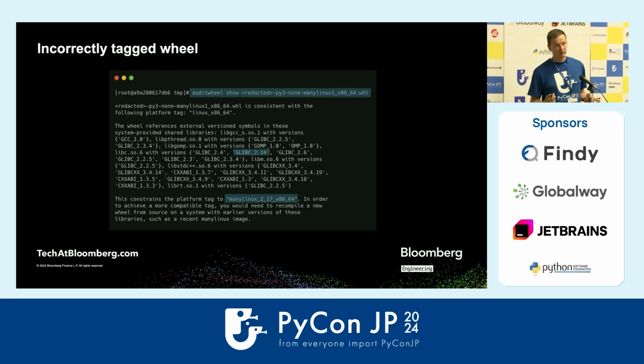So for some reason, the maintainers of this wheel sort of understood that Manylinux is a thing, but instead of applying it correctly, they just sort of hard-coded it in the file name, which is not correct.